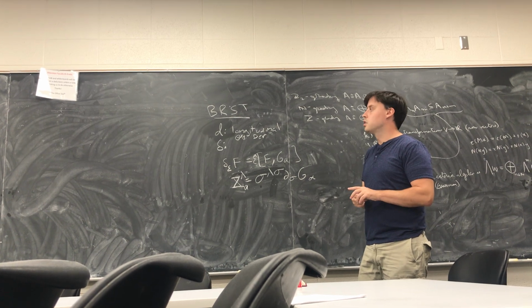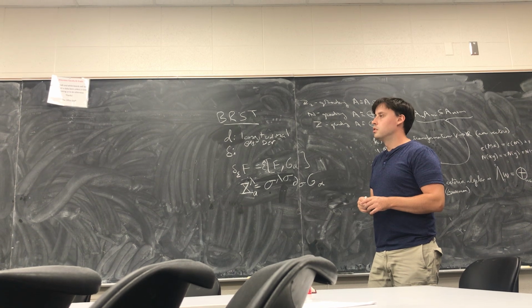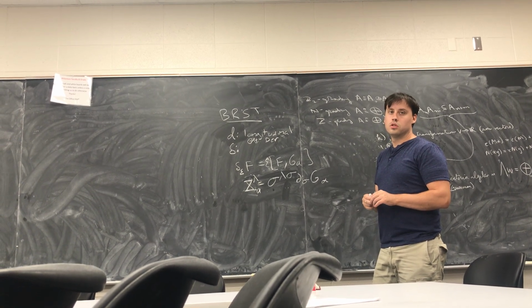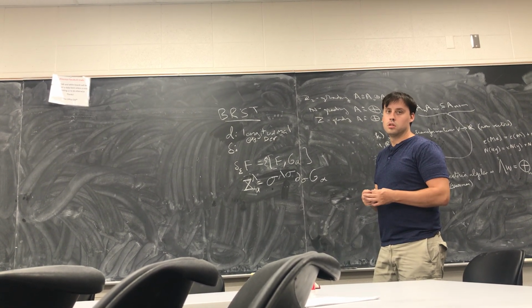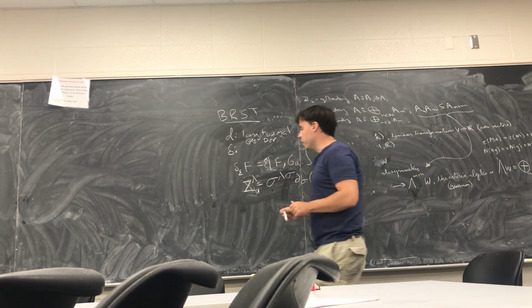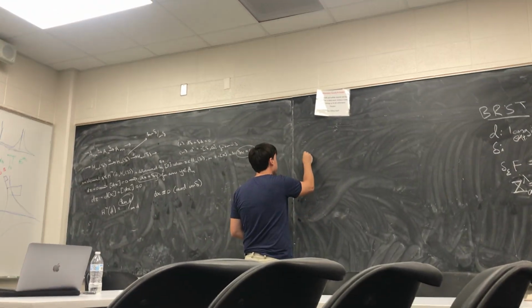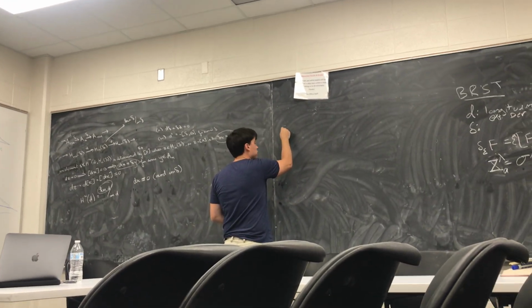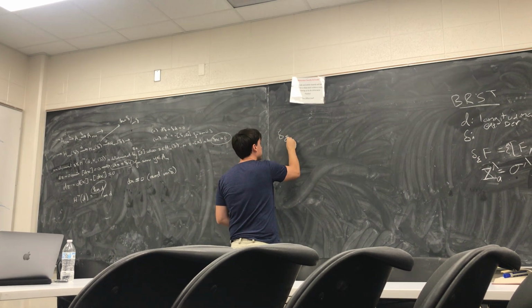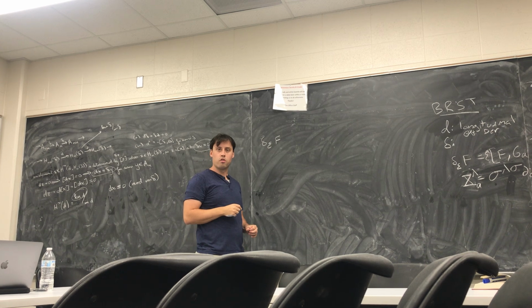Why do we want exterior algebras of vector fields? Because, what are our gauge invariant functions? Our gauge invariant functions should satisfy delta epsilon of F equals 0.